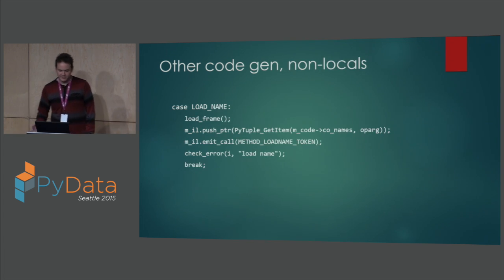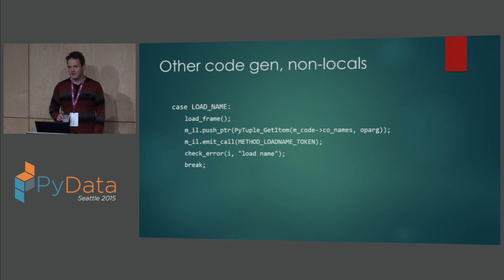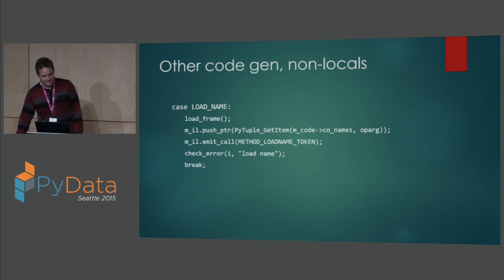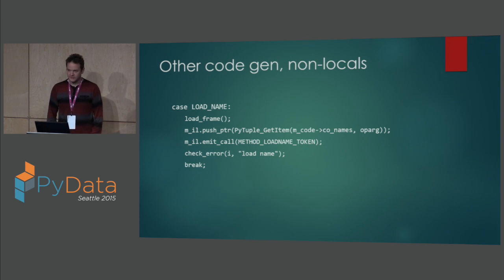Loading names, this is looking up a global, for example, or a non-local, potentially. Anything that isn't resolved into, if you're inside of a class, variable lookups have to happen dynamically into a dictionary.